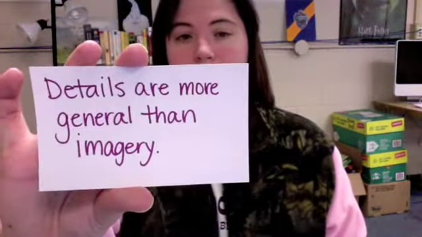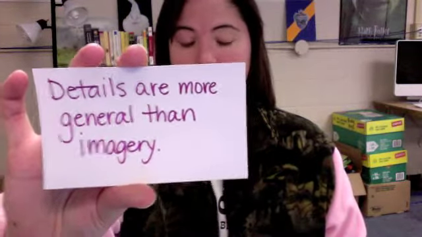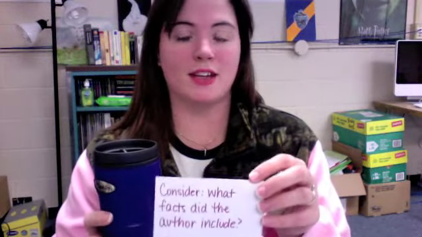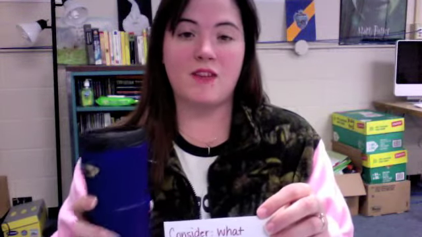After imagery, you have details. Now, here's the thing you need to remember. Details are more general than imagery. For my details, it is just a blue cup. What you need to consider here is what kind of facts does the author include? If I go to the point of telling you that I have a cup, well, the cup is important.